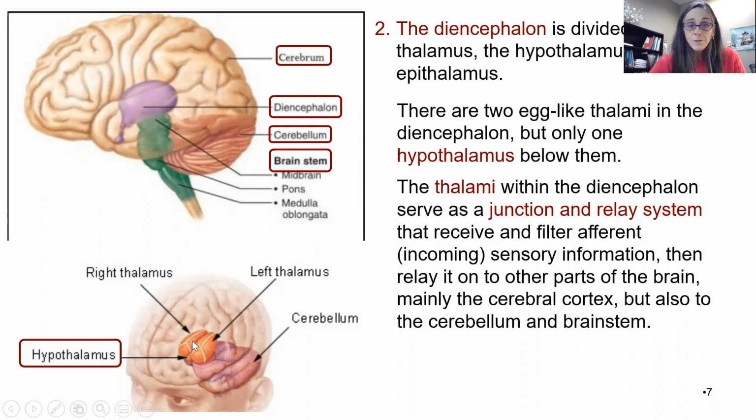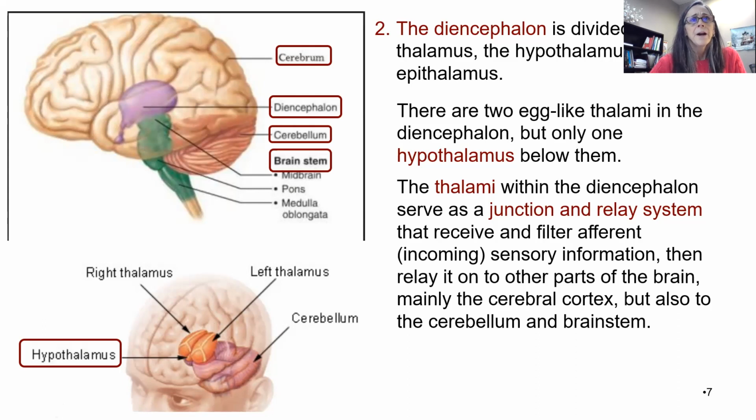On the inferior anterior portion of the thalamus, you see a little nugget, and that is called the hypothalamus. If you go to the very back portion, the posterior aspect of the thalamus, you're going to have another nugget, and that is your epithalamus.